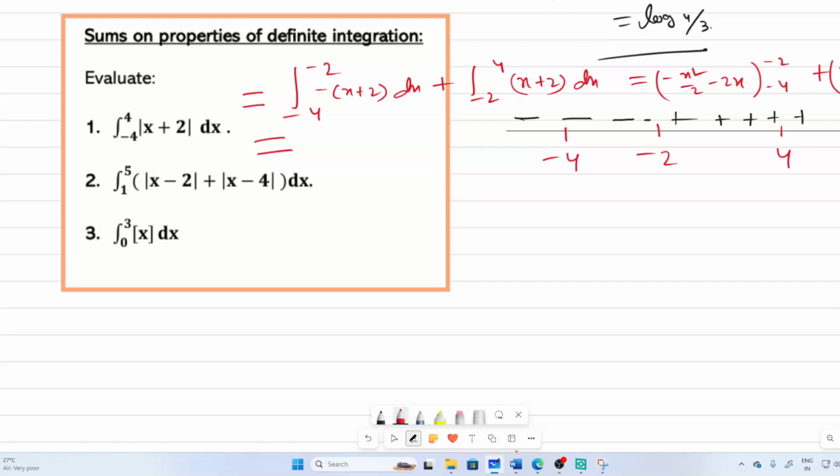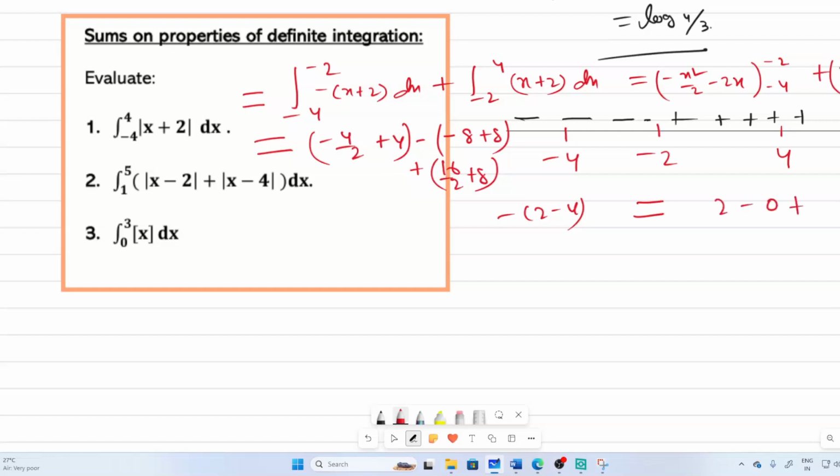At x equal to minus 2, that is minus 4 by 2 plus 4, minus 16 by 2 minus 8, plus 8, plus 16 by 2, plus 8, minus 2 minus 4. So the answer is finally 2 minus 0 plus 8 plus 8 plus 2.